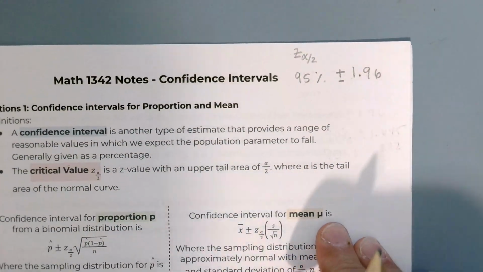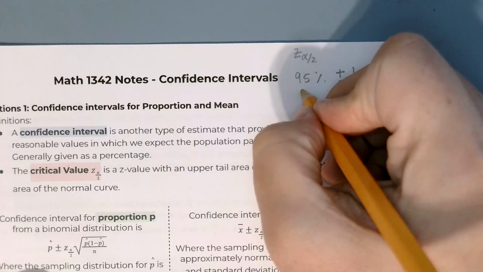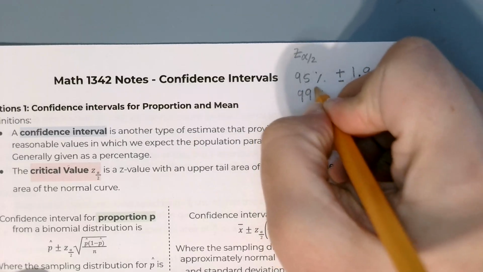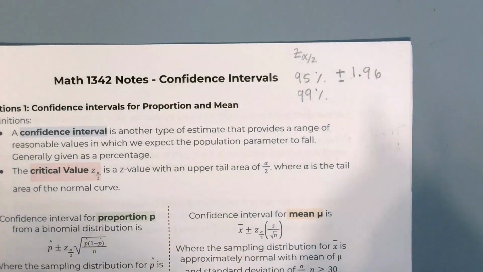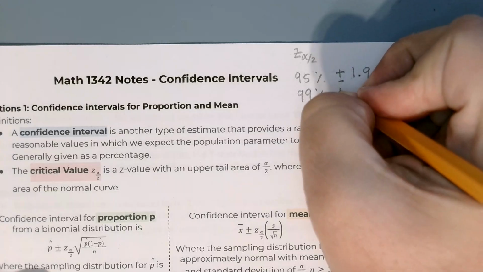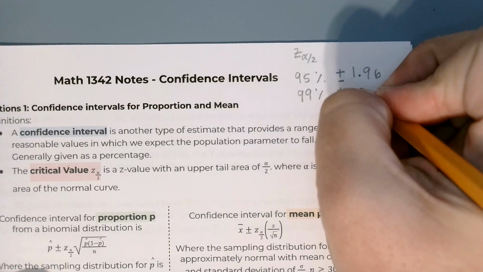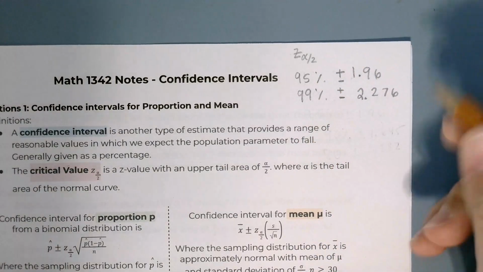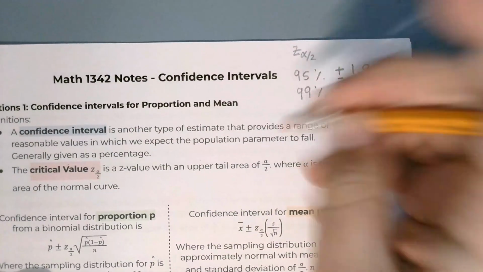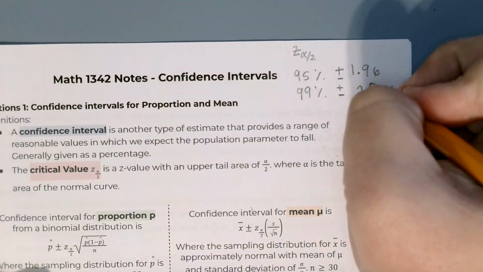Another confidence interval that we use a lot, maybe a 99% confidence interval, that gives us an alpha of 0.01, which gives us a 0.005 area in our 2 tails. That's going to be a 2.576. Oops. Said the right number, wrote the wrong one.